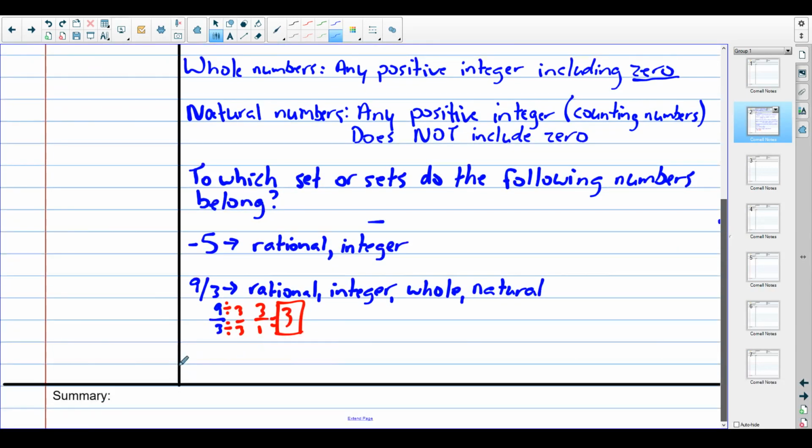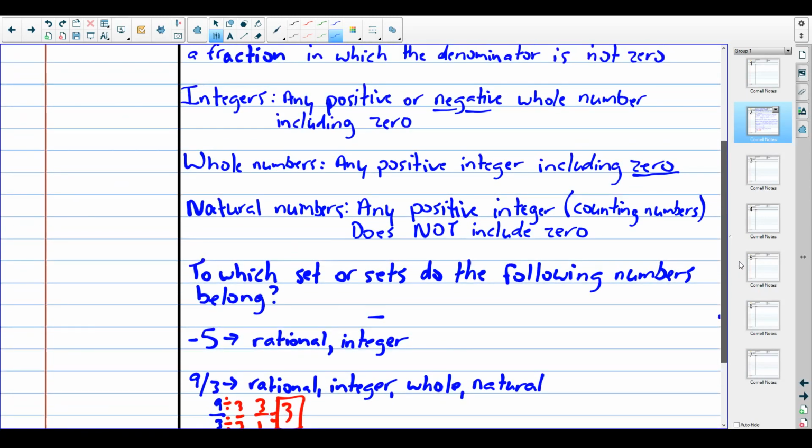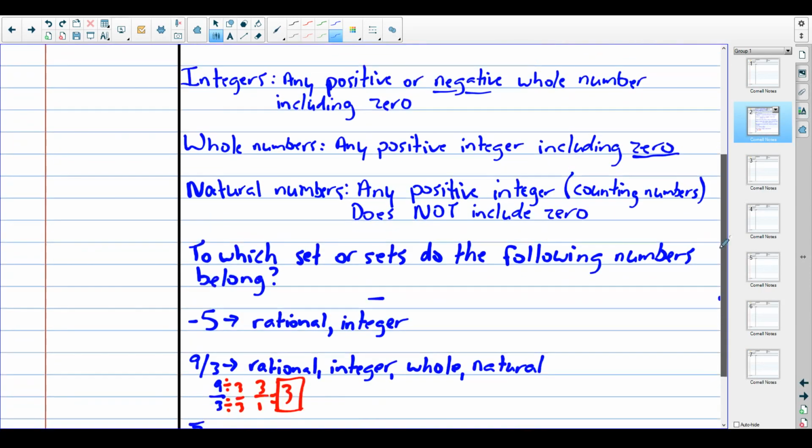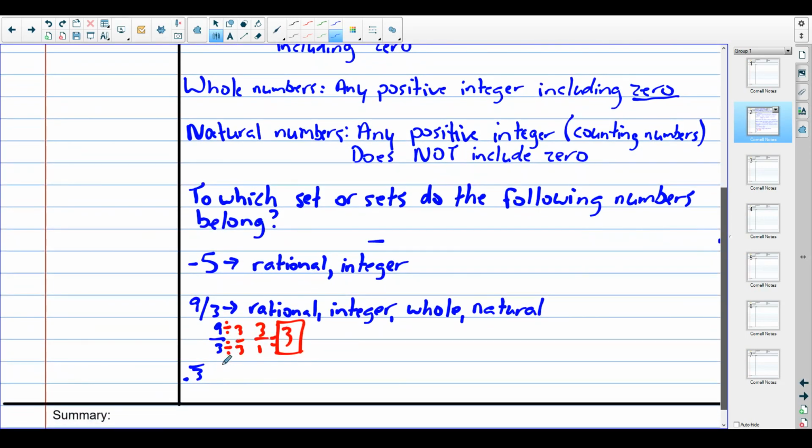Let's do one more. So we have 0.3 repeating. Okay, 0.3 repeating. So is it a rational number? Can we express it as a fraction? Depending on how good your knowledge of fractions is, you may or may not know that 0.3 repeating is equivalent to 1/3.